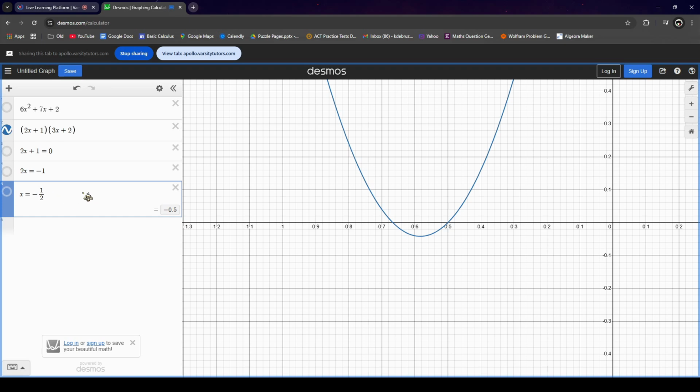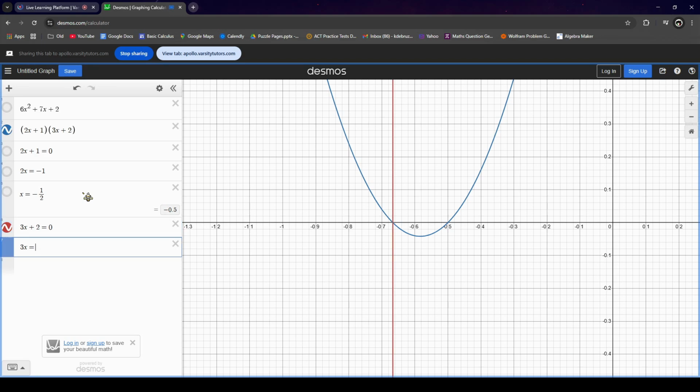And if we do the same thing for 3x plus 2 equals 0, it'll be 3x equals negative 2, x equals negative 2 divided by 3. And we see that that happens at negative 2/3.